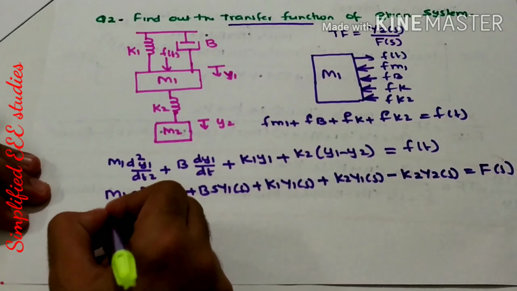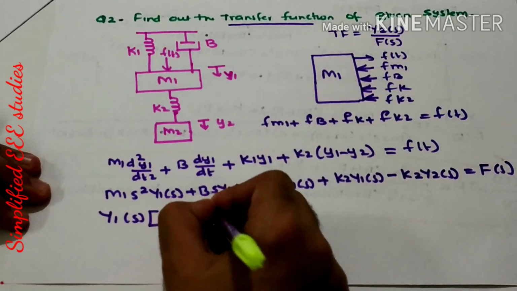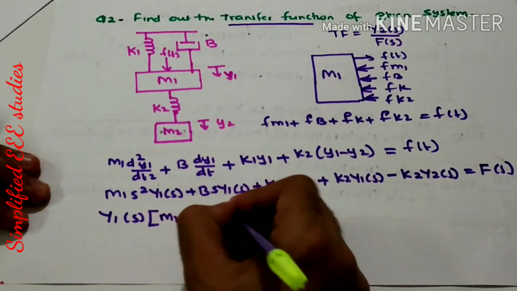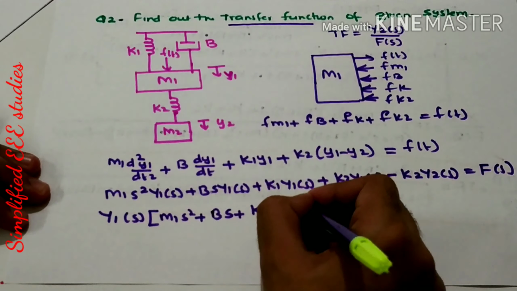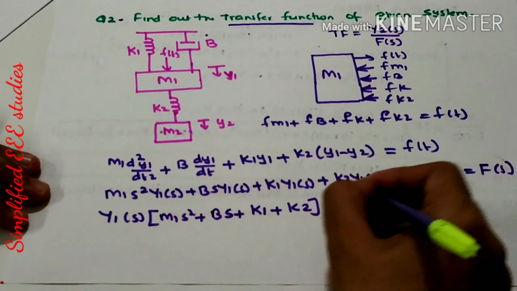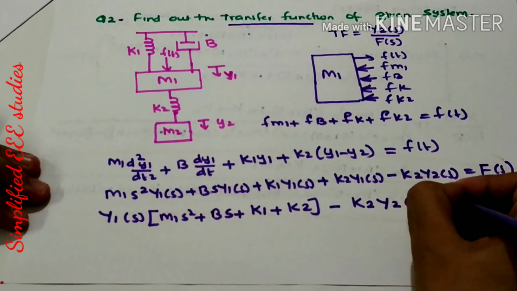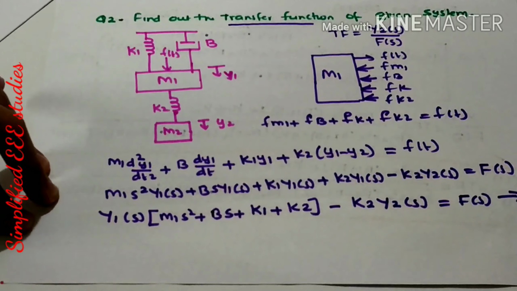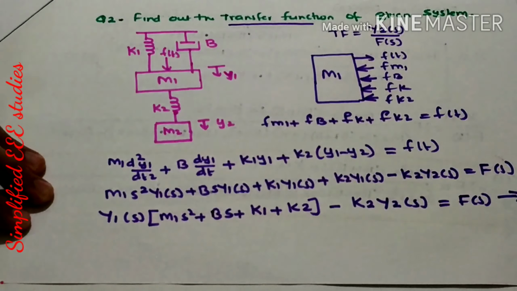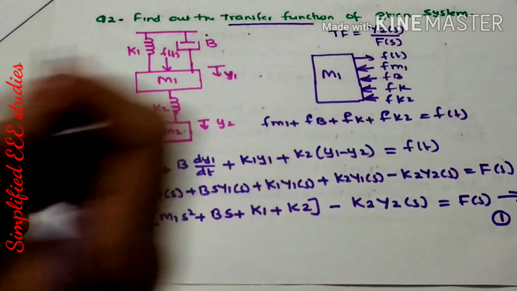Now we can separate the terms: Y1(s) (m1 s² + bs + k1 + k2) − k2 Y2(s) = F(s). We call this equation number 1. Please note this as equation number 1, the first equation.